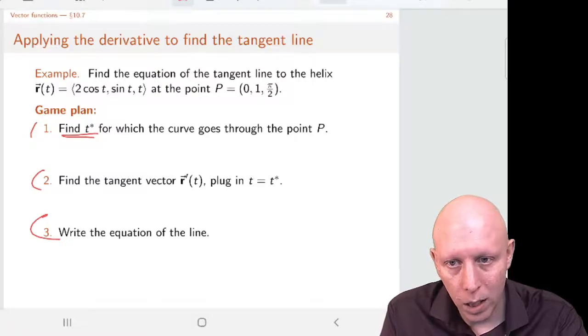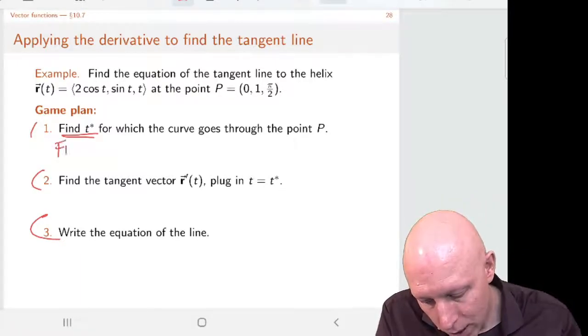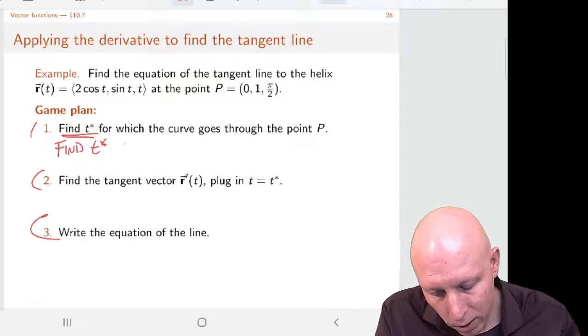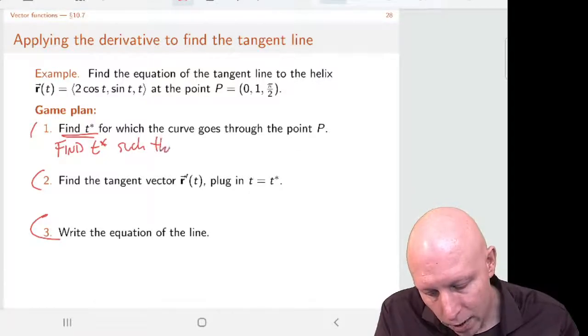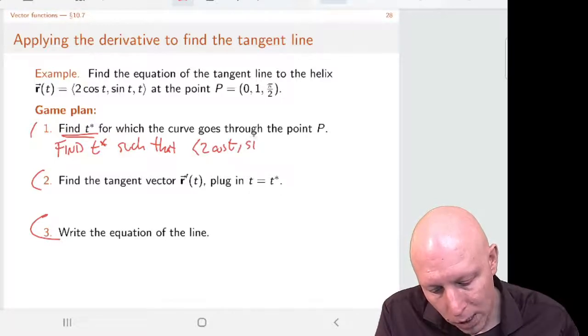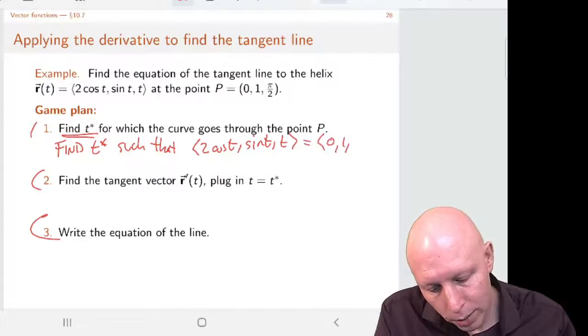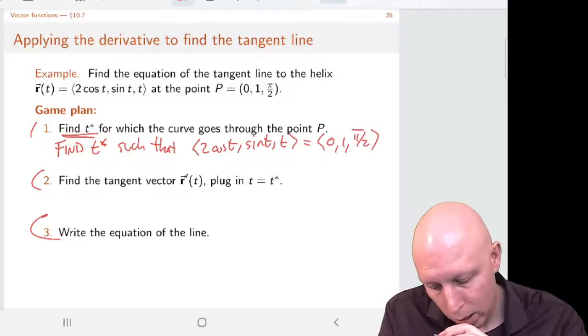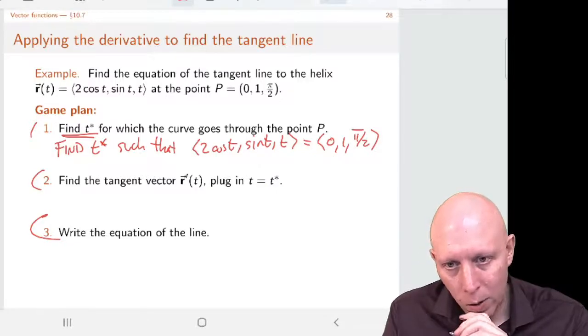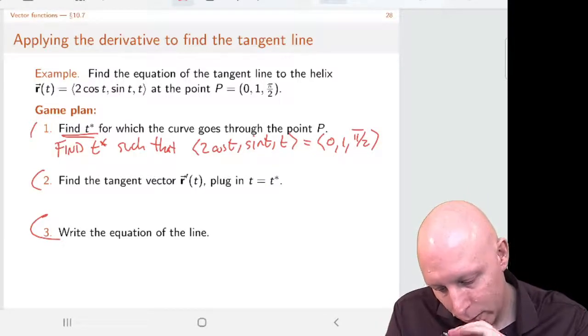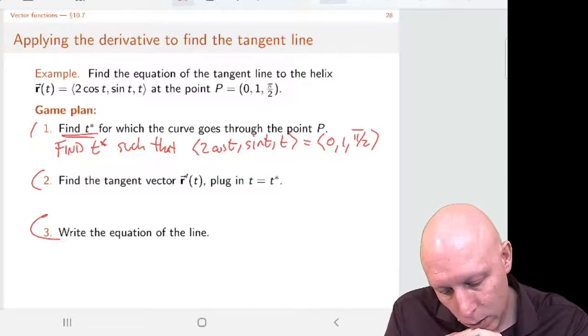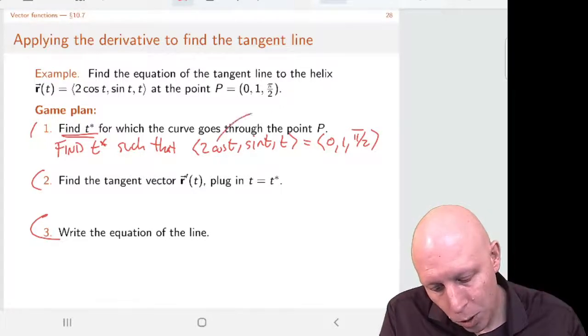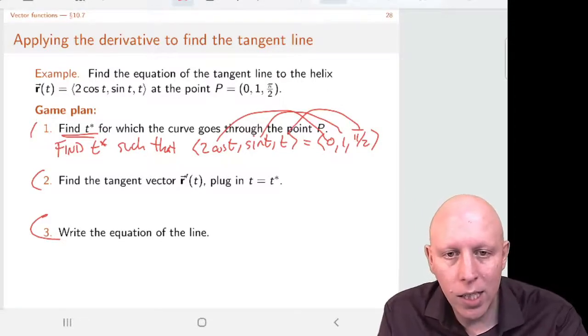Okay, so we want to find t star such that 2 cosine of t, sine of t, t is equal to 0, 1, pi over 2. This says we need 2 cosine of t equal to 0, sine of t equal to 1, and t equal to pi over 2.